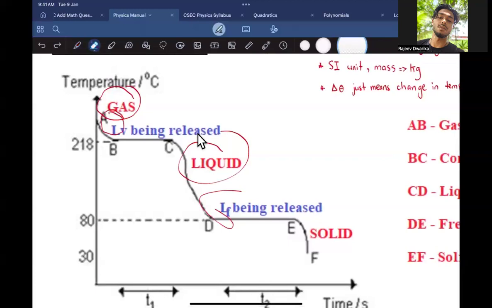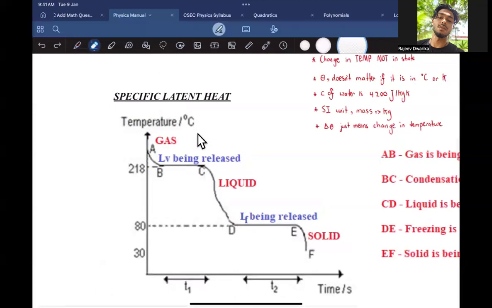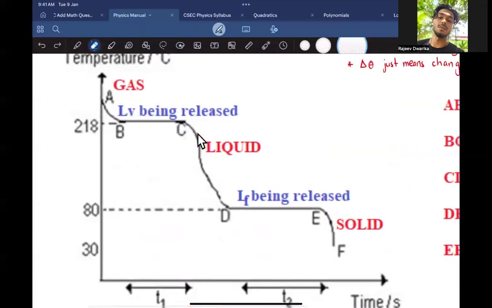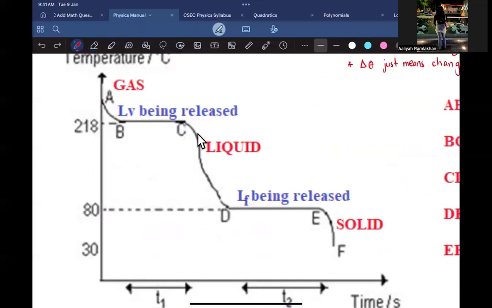Right. So I want you all to copy down this. Does this look like a cooling curve or a heating curve? That's a cooling curve. Justin, you agree?